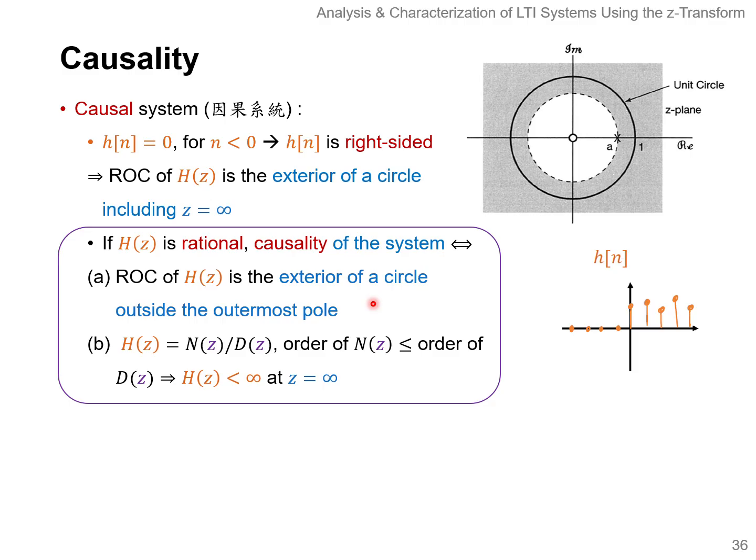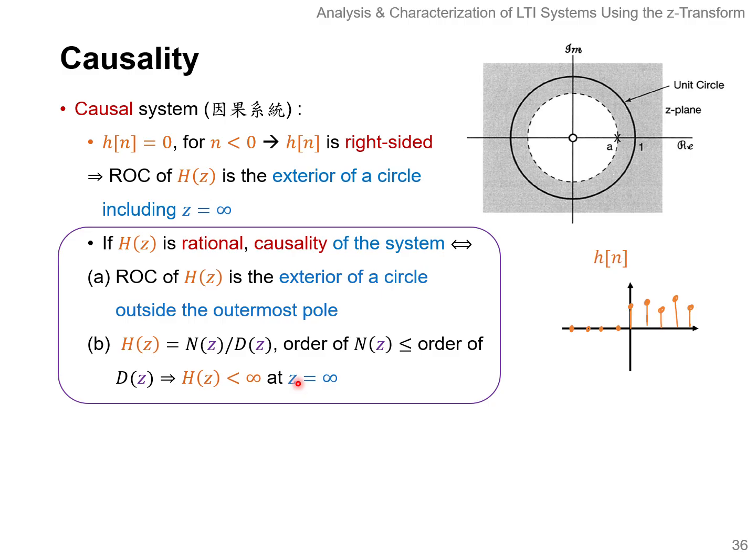Also, for a causal rational system, H(z) equals N(z) over D(z). The order of N(z) must be less than or equal to the order of D(z). This condition makes sure that H(z) stays finite when z equals infinity.